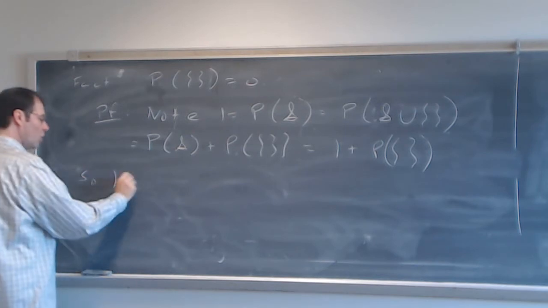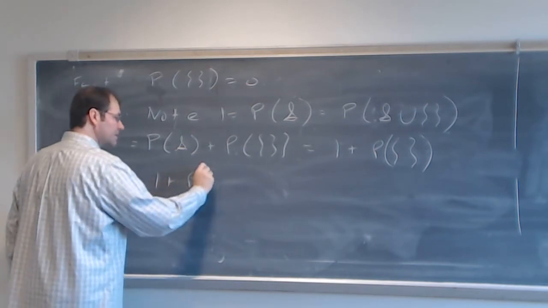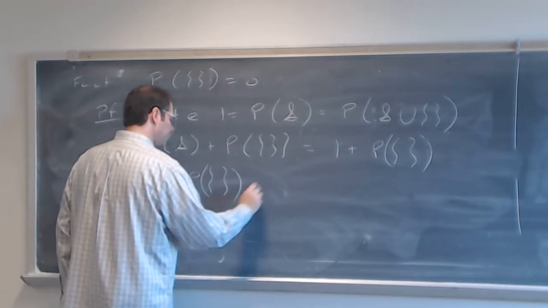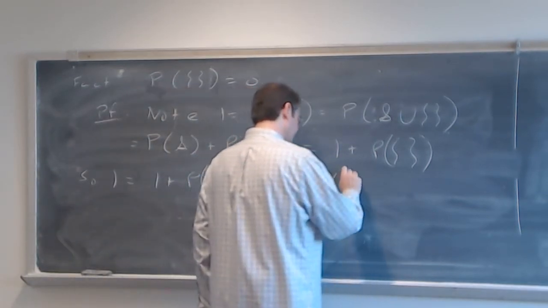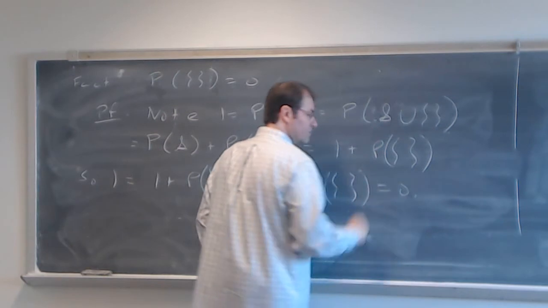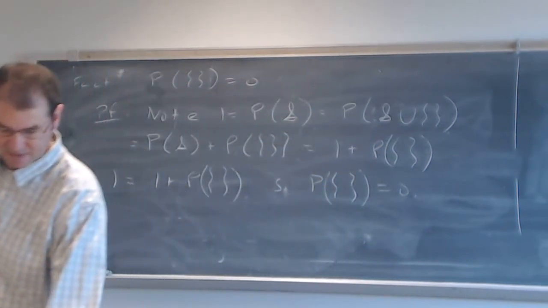So we have 1 is equal to 1 plus the probability of the empty set. So the probability of the empty set must be equal to 0. That's a fact.